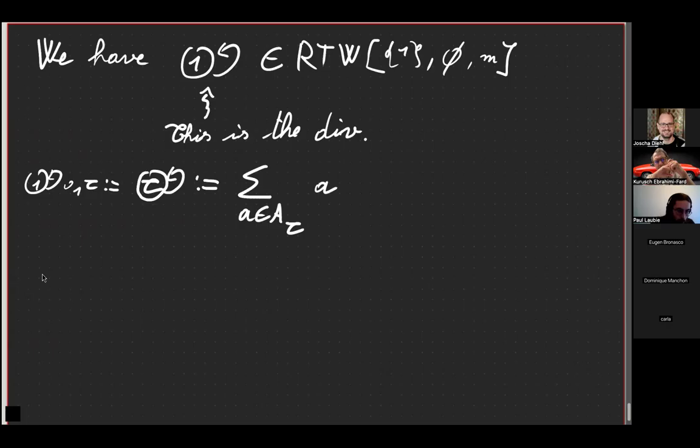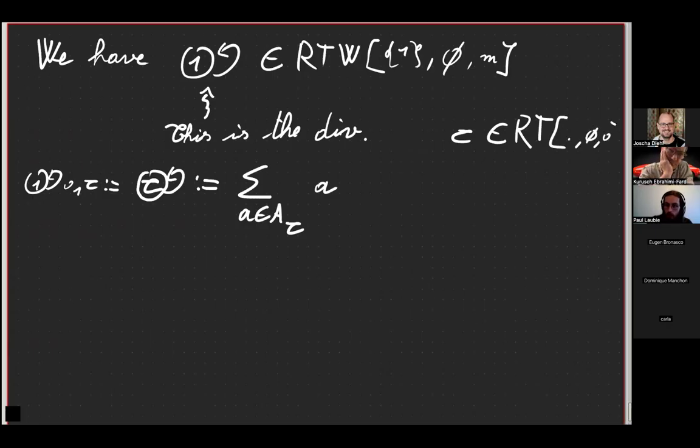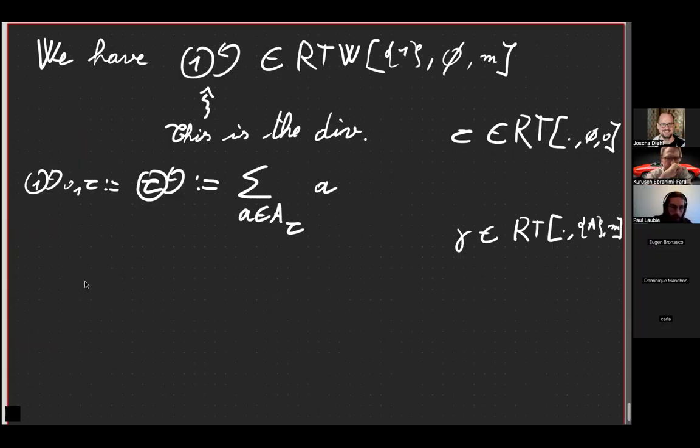What we can do is, okay, so we also have the reduced divergence, which is given by, I get my tree. So okay, so here T is in T of something and T and O. And so if I take gamma inside RT of something singleton A and N, then here I can define gamma composing singleton A with this.